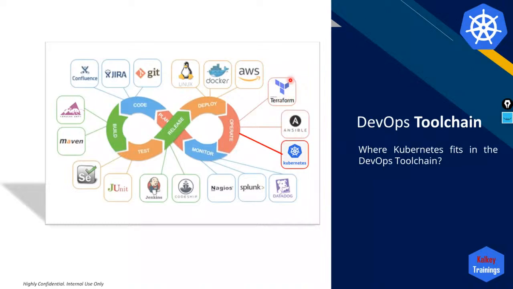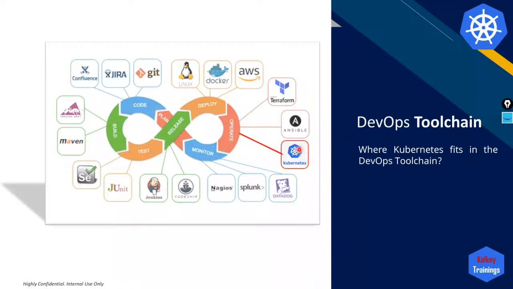We have already learned about Terraform and Ansible, we have learned about Jenkins and GitLab, Git, Linux, Docker, and of course, all over, AWS, the cloud.